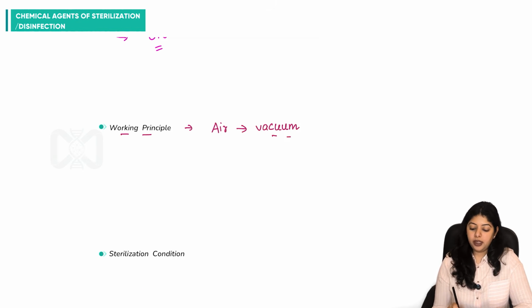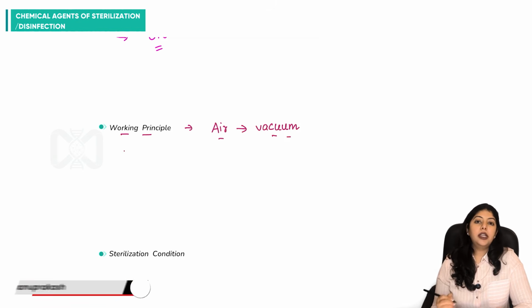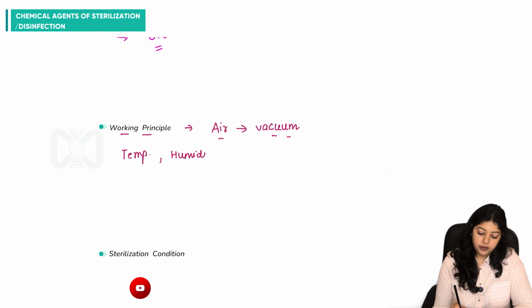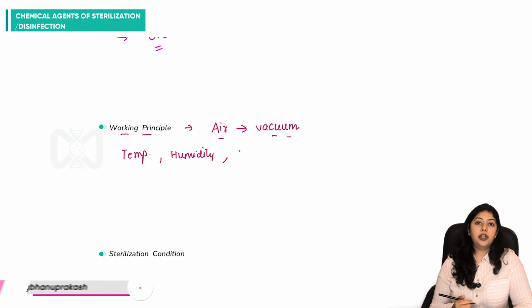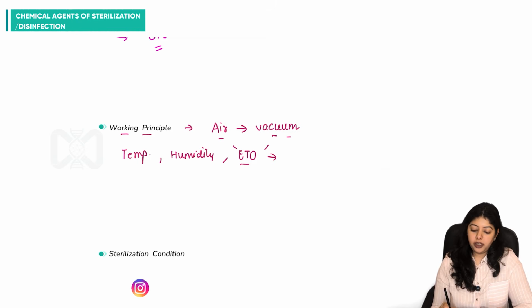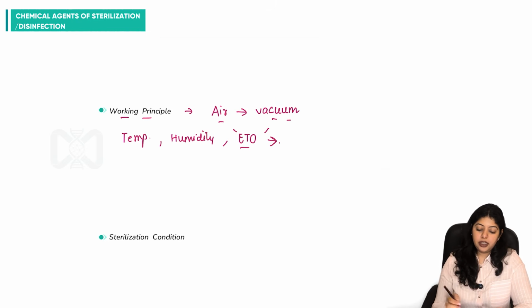Then before allowing the entry of ETO gas, we need to maintain a particular temperature, humidity, and a particular concentration of ETO gas. So what are these preconditioning states?